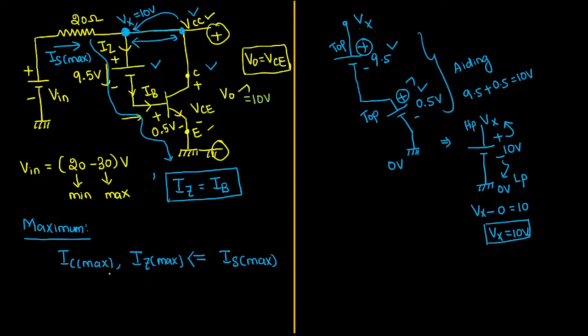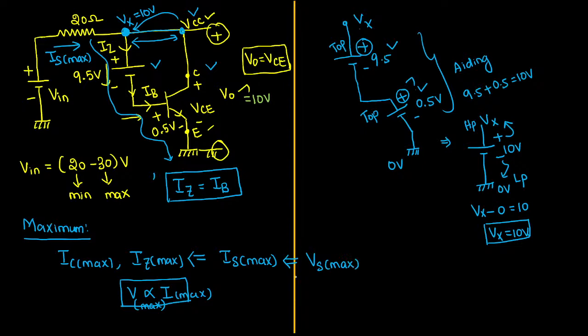Where will I get the maximum supply current? According to Ohm's law, we know voltage is directly proportional to current. So if you want to maximize the input current, you have to maximize the input voltage also. Yes or no? In order to achieve the maximum supply current, I have to supply the maximum voltage from the input side.